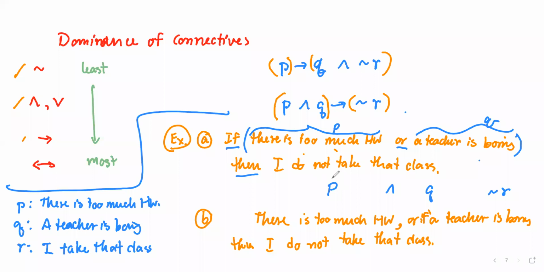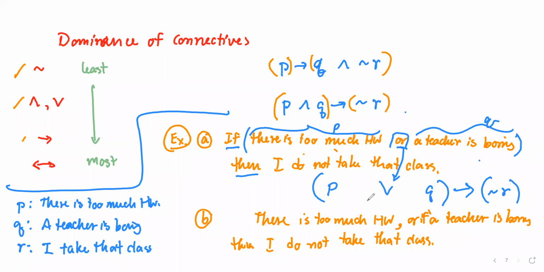I put the wrong connective here; it's supposed to be the normal V for the or. So it is if the whole thing, including the connective or, then not R. So this is the symbolic form for part A.